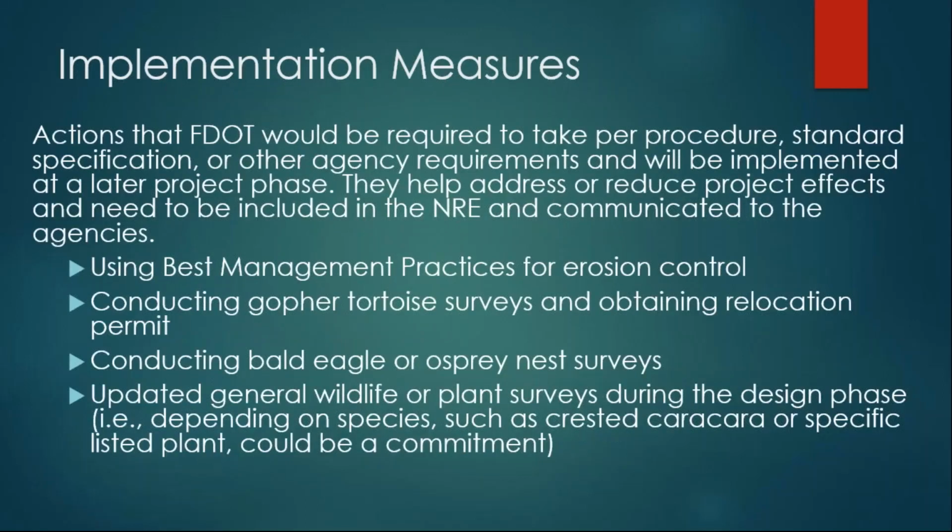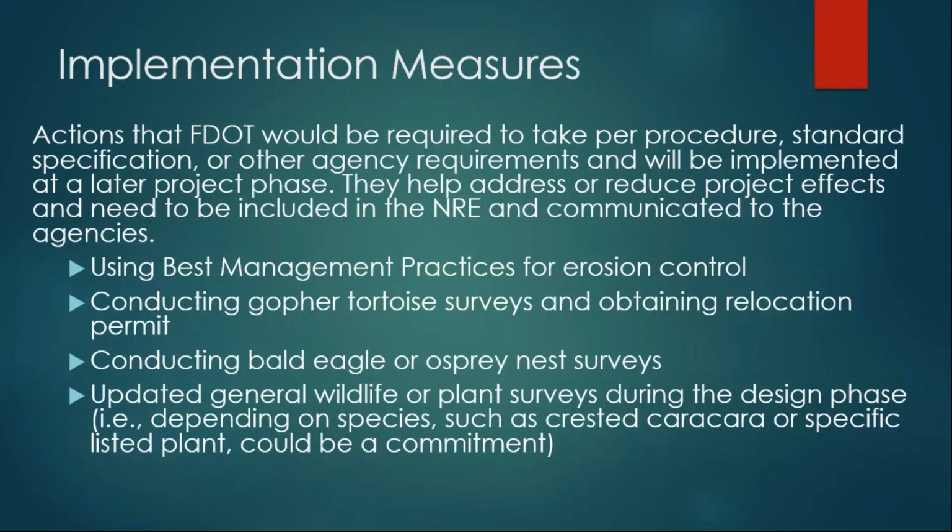And I want to spend a little bit of time on implementation measures. Those are actions that FDOT would be required to take for procedure, standard specification, or other agency requirements, and will be implemented at a later project phase. They help address or reduce project effects and need to be included in the NRE and communicated to the agencies.